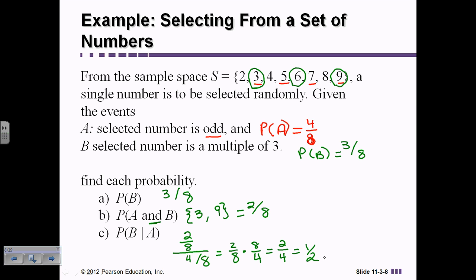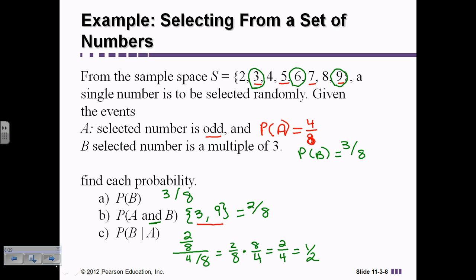Now another way of looking at this is the probability of B given A. Well, A is only the set of odd numbers, so my list has been reduced down to 3, 5, 7, and 9. So the intersection we already decided was 2, so we would have 2 over 4, and that also reduces down to 1/2.